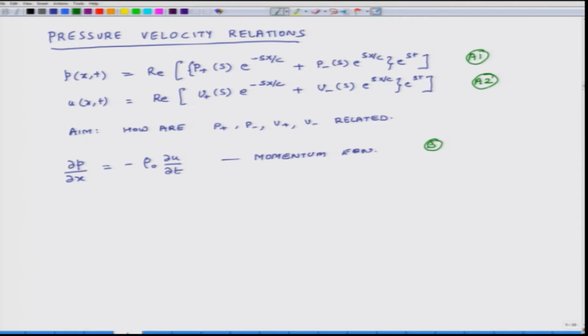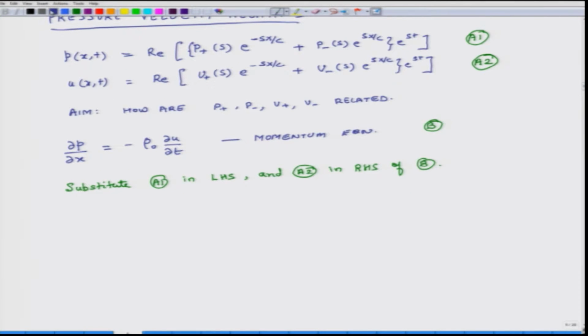So, what we do is we substitute A1 in the LHS and A2 in the RHS of equation B. When we do that, we get the following relation: real of... So, I have to differentiate equation A1 with respect to x in a partial way.